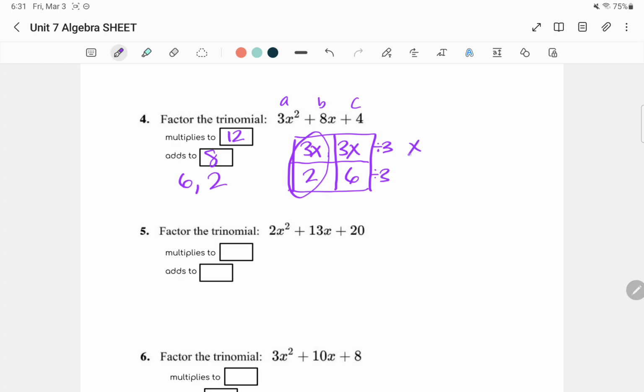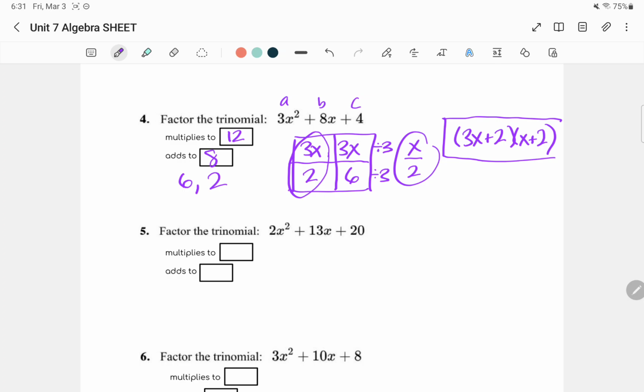That gives me x over 2. So my answer here is 3x plus 2 and x plus 2. Now I would go ahead and FOIL that, but for the sake of time, I'm going to just go over the answer. Remember, you can still FOIL and make sure you're correct, though.